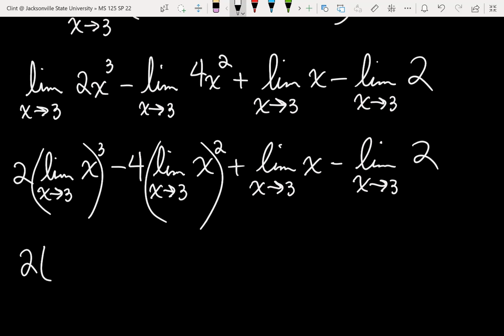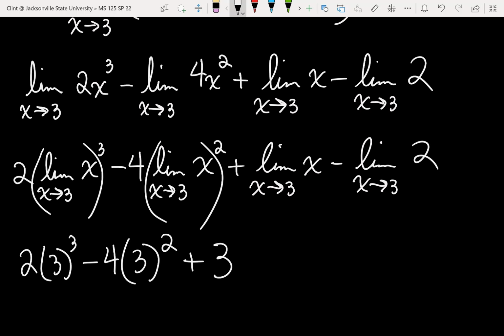So we'd have 2 times 3 to the third. Same thing on the next one, it's going to be 3 again. Same thing on the next one, 3 again. And then the last one is the limit of a constant. The limit of a constant is the constant. So the limit of 2 is going to be 2.